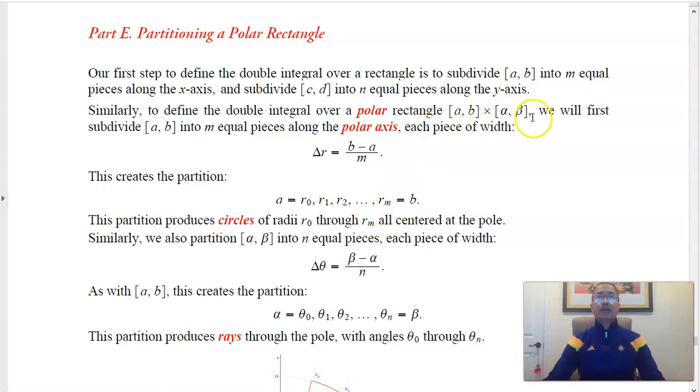So what about alpha to beta? Same idea. We will divide it into n pieces, each piece of width delta theta, which will be beta minus alpha over n.